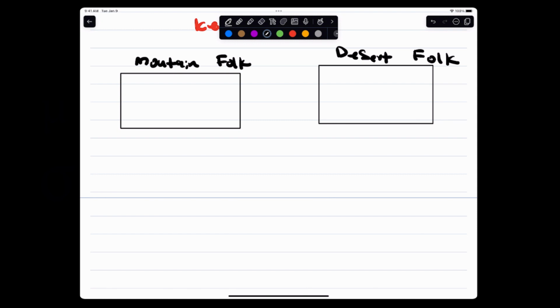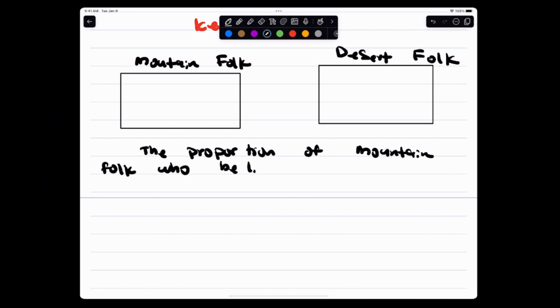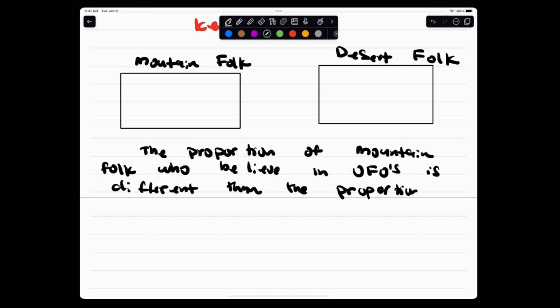Okay, so here's going to be our hypothesis. Let's write this down. We're going to say the proportion of mountain folk who believe in UFOs is different than the proportion of desert folk, as claimed by what?